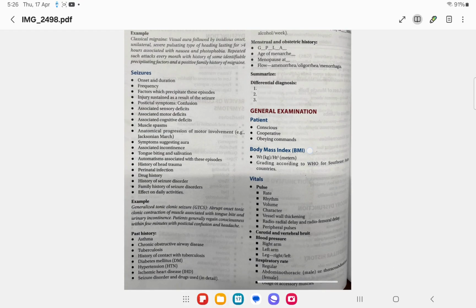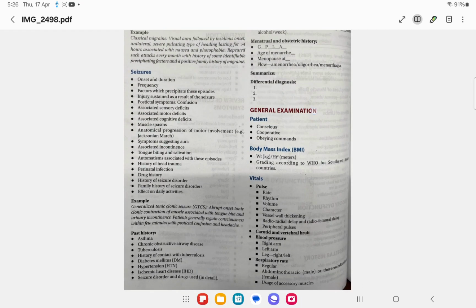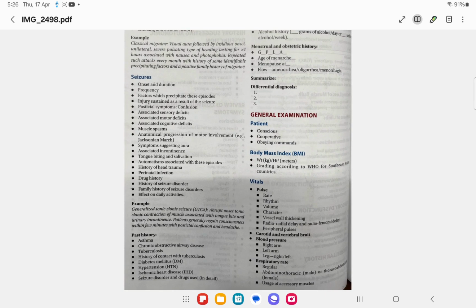Past history you have to ask whether the patient has asthma, COPD, TB, DM, hypertension, ischemic heart disease, any seizure disorder. This and all you have to ask, because for an asthmatic patient they can develop arrhythmias. The arrhythmias can cause stroke, because if a patient is developing arrhythmia, they will produce clots in their vessels.